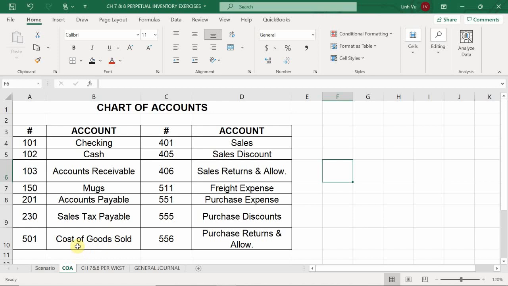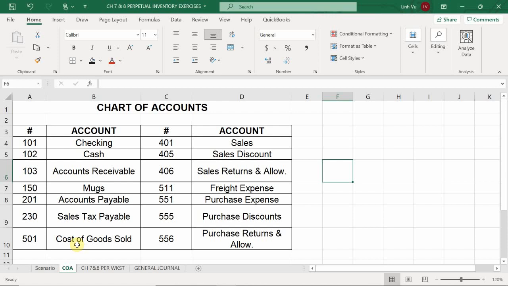Okay, if customer B is making a refund, what accounts should I be looking at? Accounts receivable, good. We have to give back the amount of money the customer originally paid us.